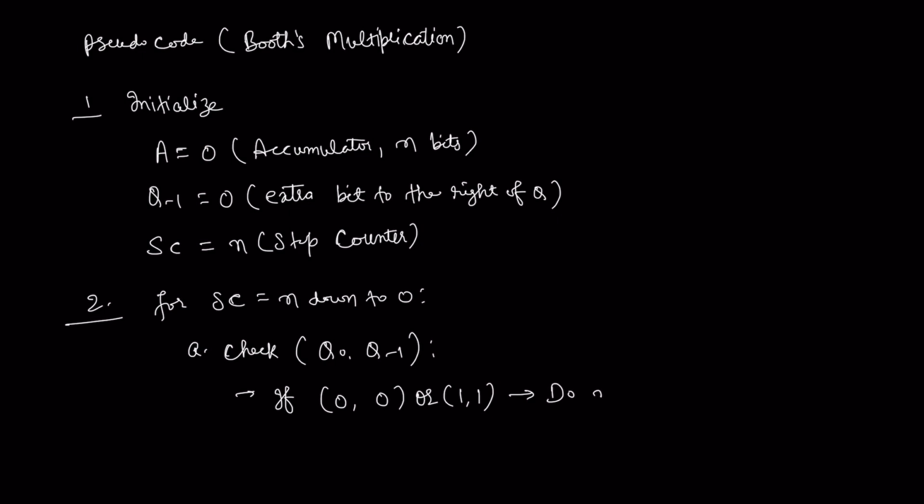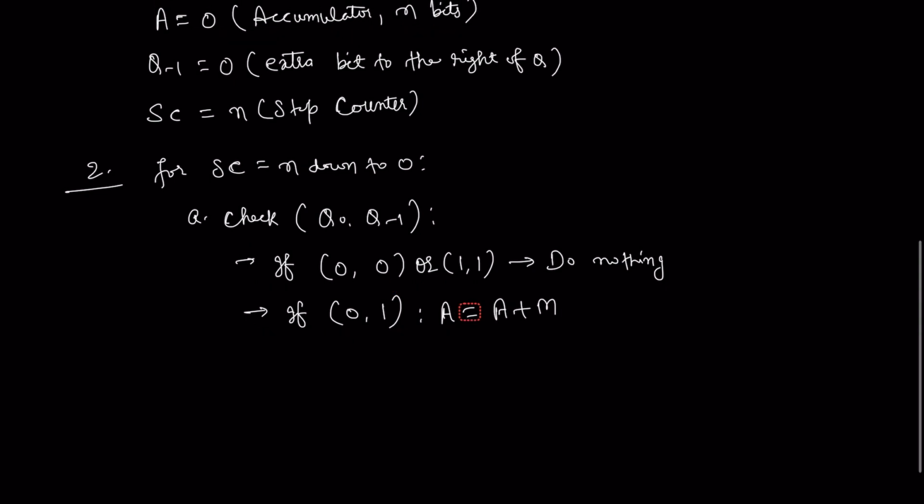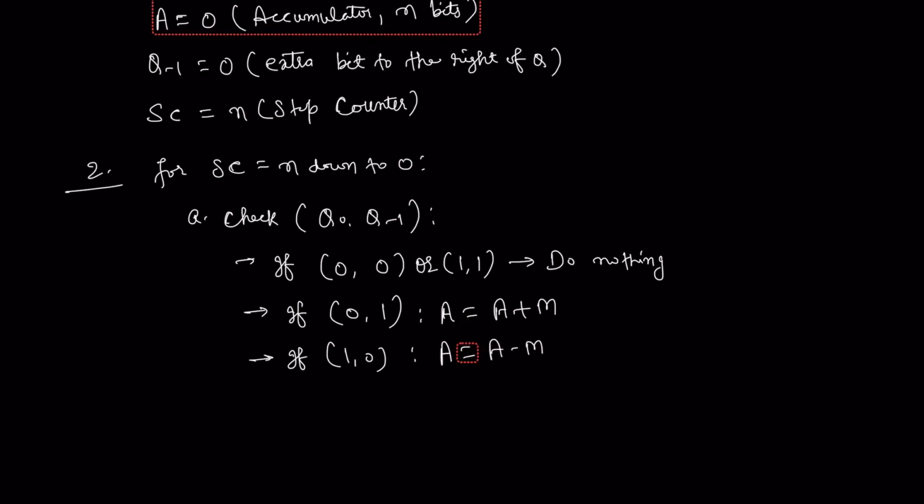If 01, then we have to add the multiplicand to the accumulator, and if 10, then we have to subtract the multiplicand from the accumulator.